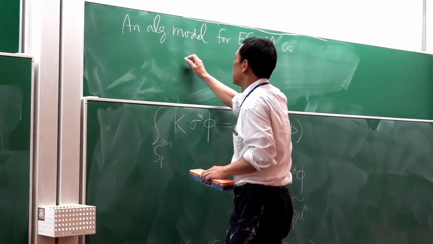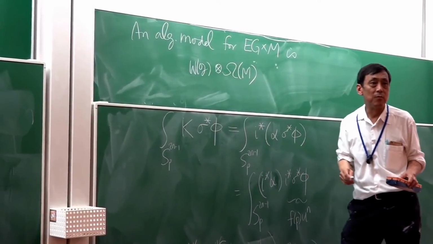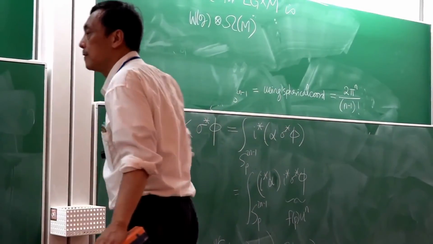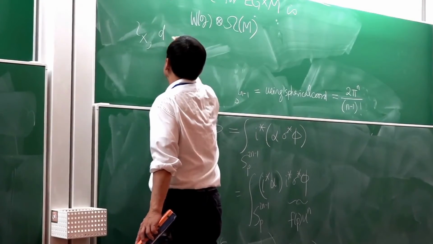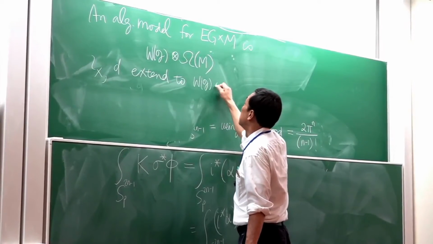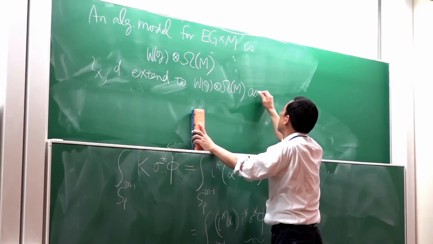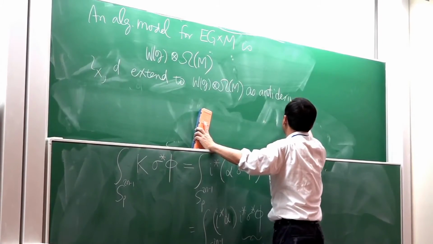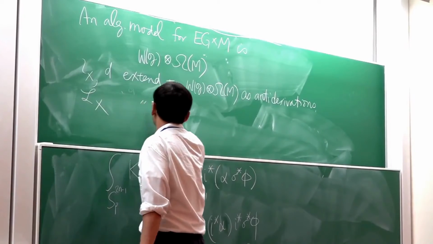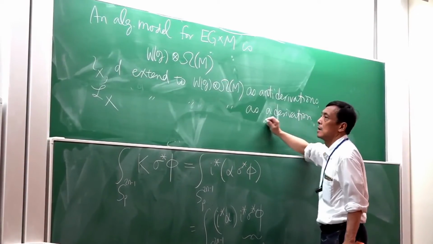So then the algebraic model for EG cross M is the Weil algebra tensor with the differential forms on M. And IX and D extend to this tensor product as antiderivations, and LX extends as a derivation.